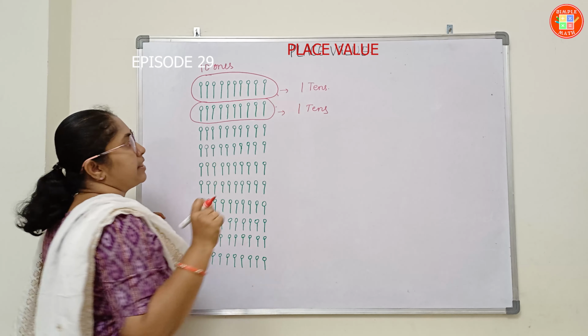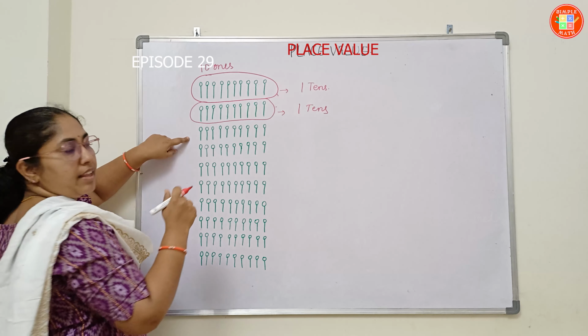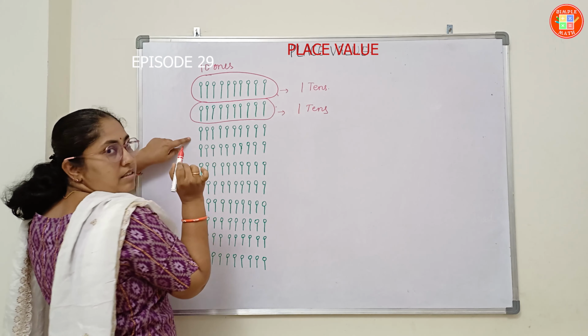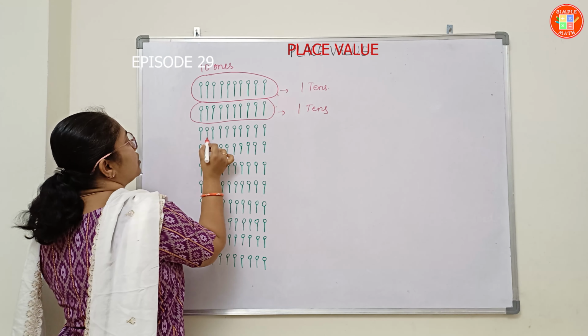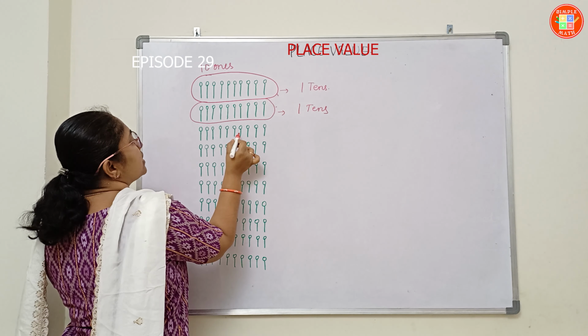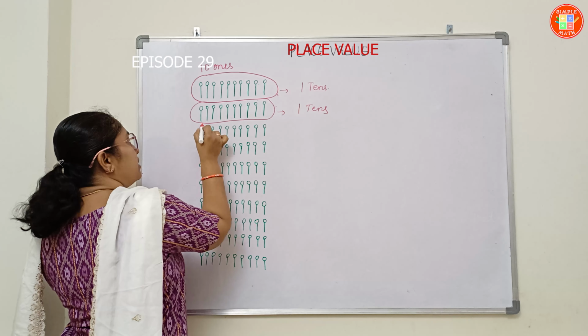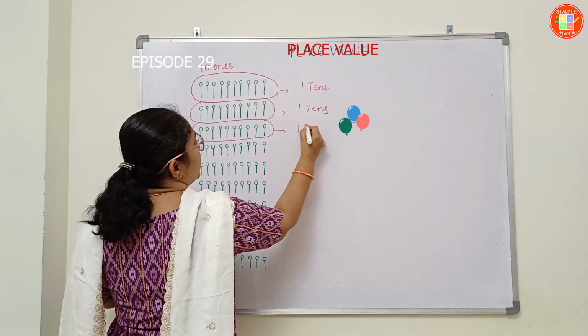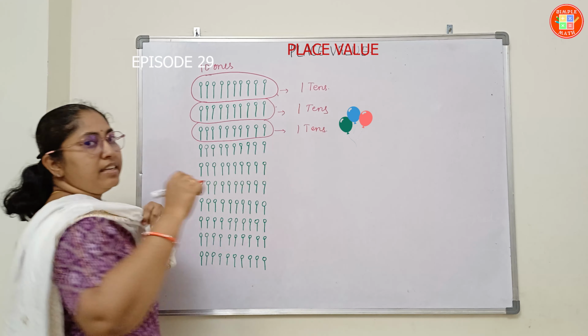Okay? Then next, how many we have in this row? We'll count them and make a bundle. 1, 2, 3, 4, 5, 6, 7, 8, 9, 10. This is also same 10 in number. This is also 1 tens. Right?